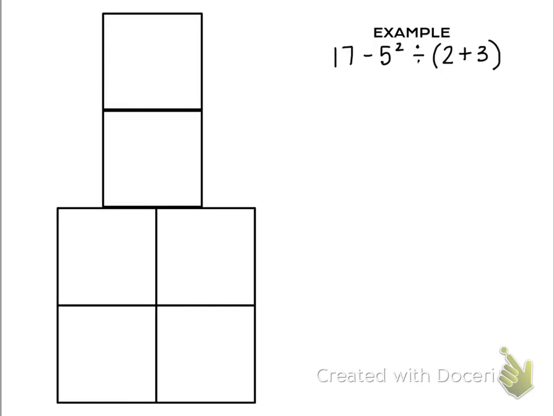The first thing we look for in any numerical expression is if there's any sort of grouping symbol. A lot of people call that parentheses. I like to call it grouping symbols because it's more than just parentheses that we're looking for.